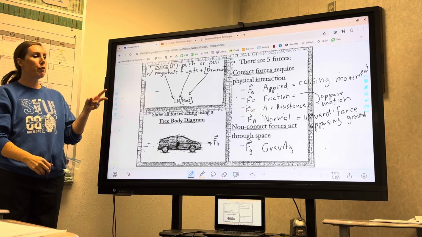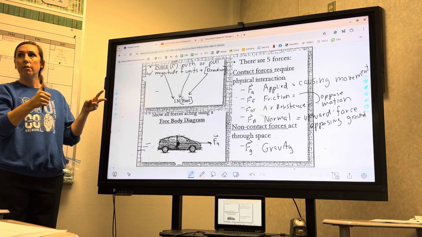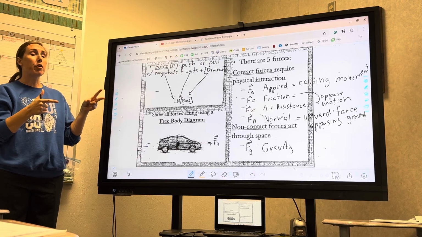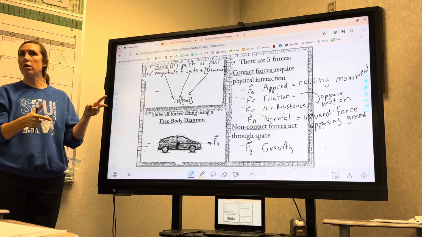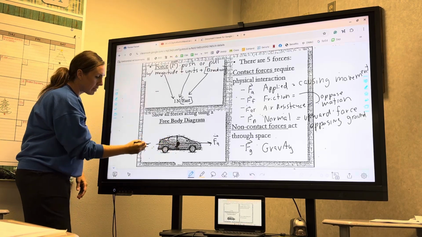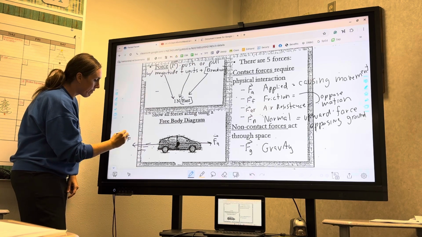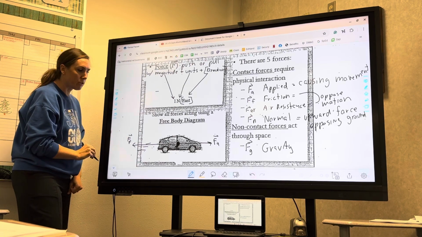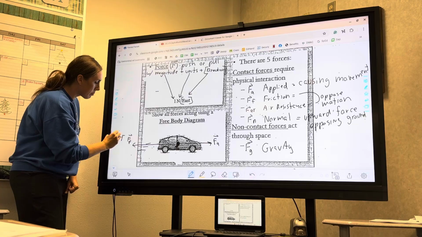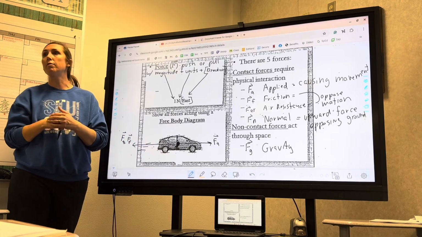Okay, what two forces oppose motion? Friction and air resistance. Friction, it needs to be on the ground. Is this car on the ground? Yes. So ready? I go opposite direction, has to be directly opposite. So here is my force of friction because the tires are touching the ground. And here is my force of air resistance. This is always on anything that's moving.